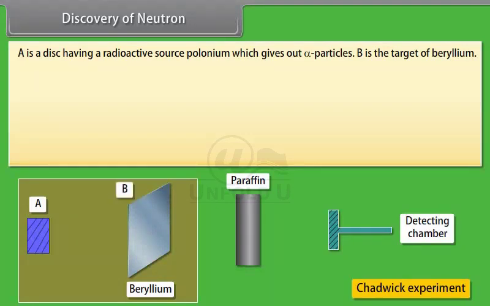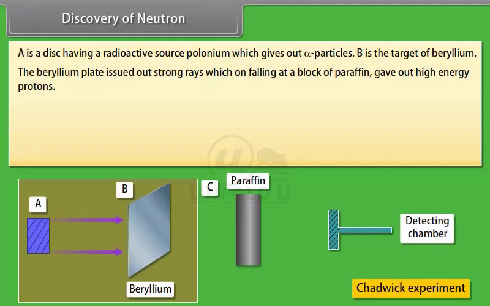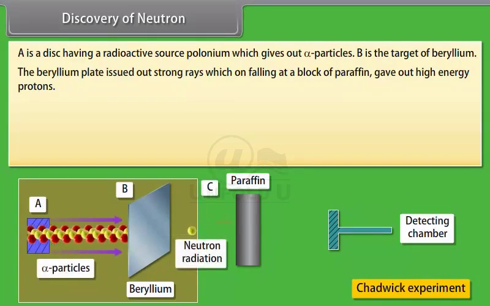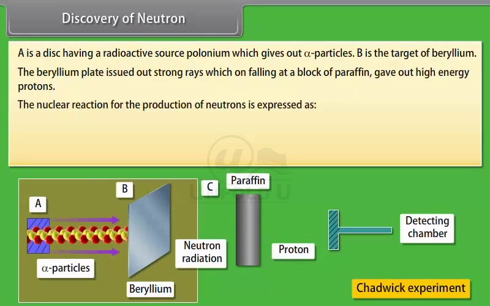B is the target of beryllium. Both A and B are placed in an evacuated chamber C. The beryllium plate issued out strong rays, which on falling at a block of paraffin gave out high energy protons. The nuclear reaction for the production of neutrons is expressed as follows.